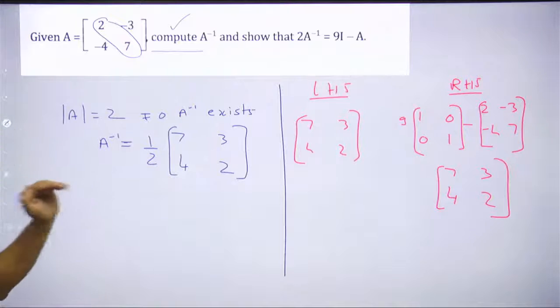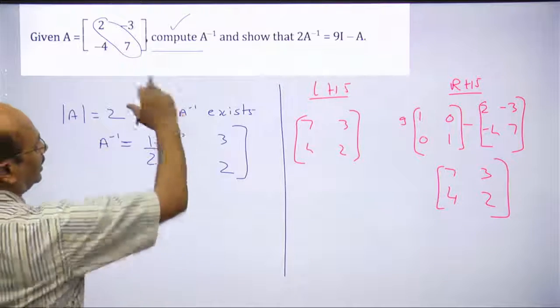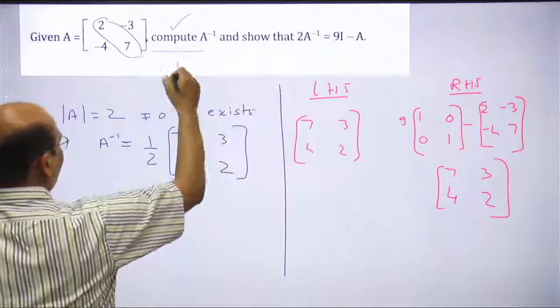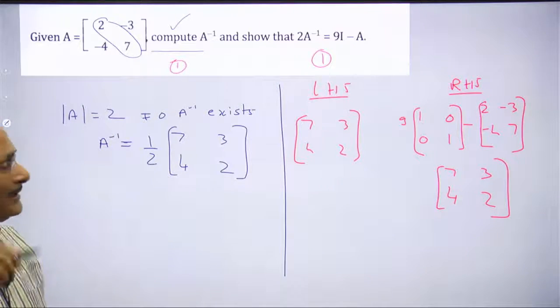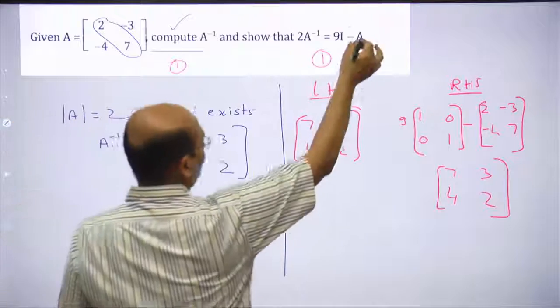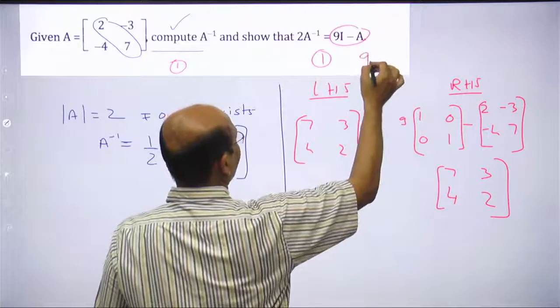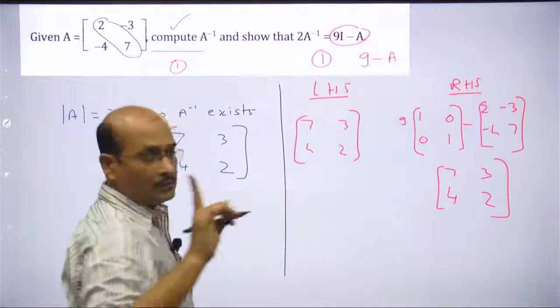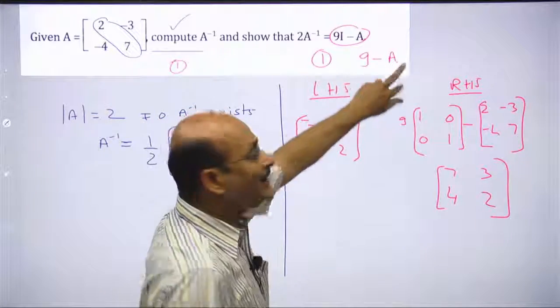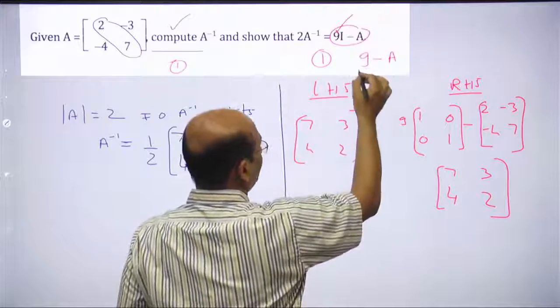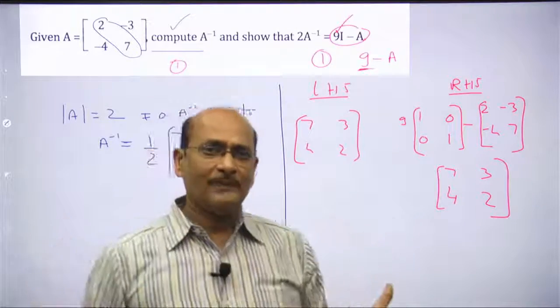So this is what you are going to understand. Here it will be a 2-mark question: 1 mark for this and 1 mark for proving. Sometimes, instead of this, they will ask you to prove that it is 9 minus A. Understand this: whenever they say 9 minus A, it means 9I minus A. It is understood because a matrix can be added or subtracted only with a matrix.